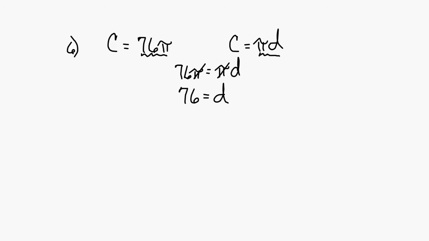If 76 is equal to the diameter, the radius of a circle is equal to the diameter divided by 2. So 76 divided by 2 will equal the radius, which is 38. So 38 equals the radius.